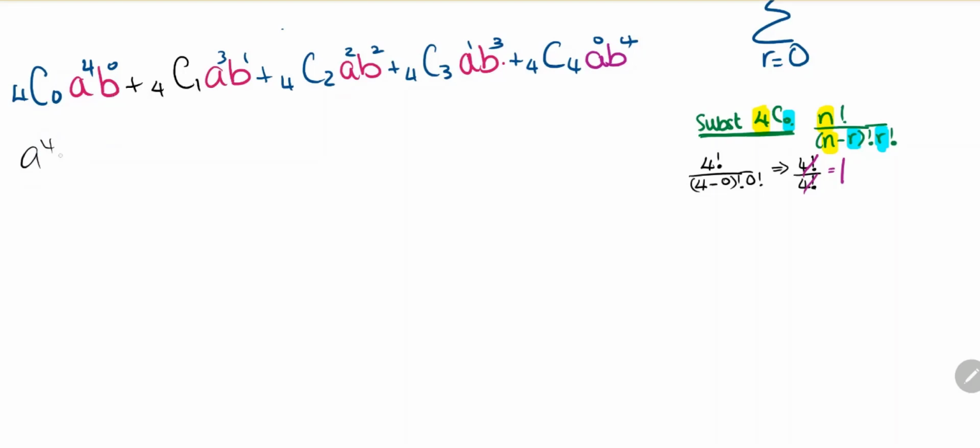So a to the 4. Now the next one, we've got 4 factorial divided by 4 minus 1 factorial. So we can replace that as 3 factorial, and then that's times 1 factorial. 1 factorial is just 1. So 4 factorial divided by 3 factorial.